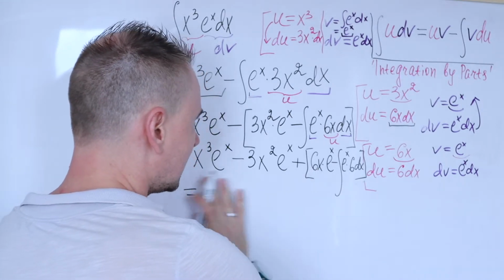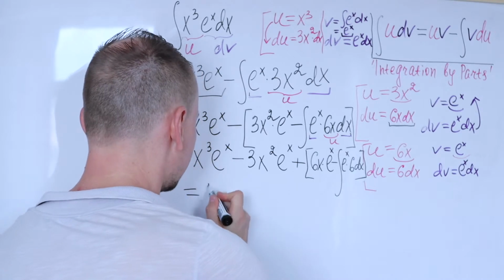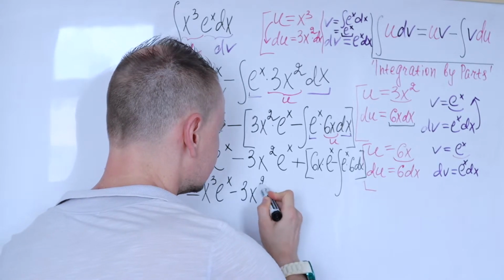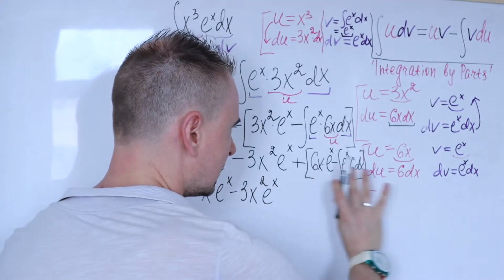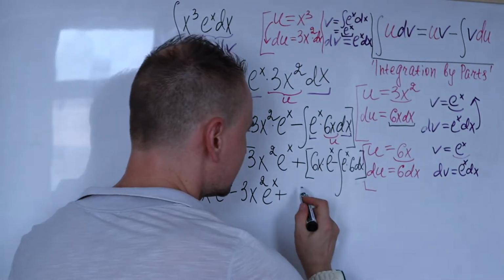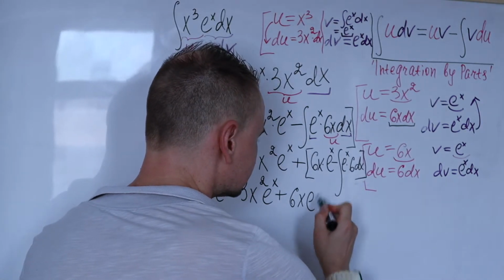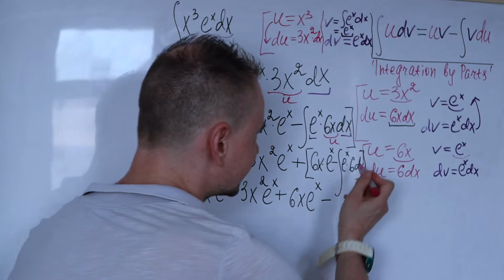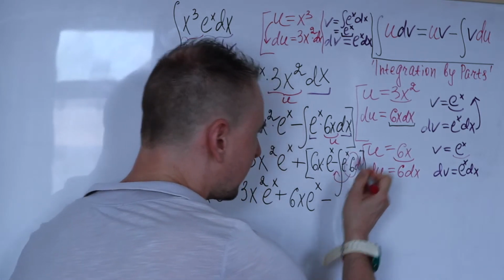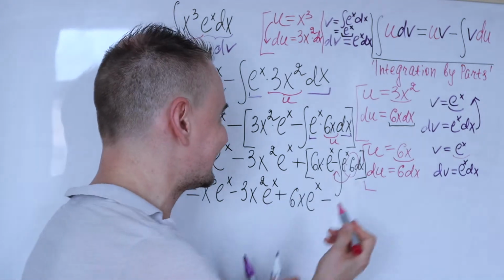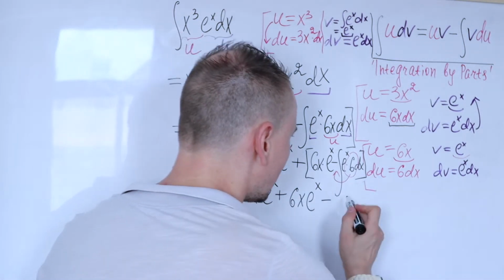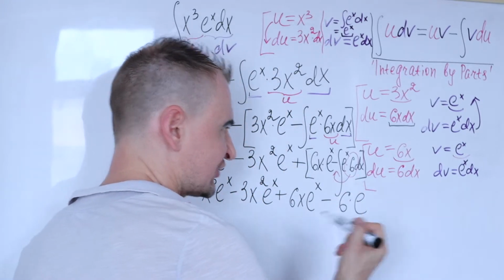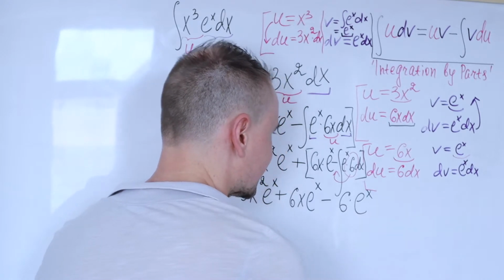So carry down these chunks. It's already part of your solution. Remove the parentheses at this point, distribute it. Minus, as I said, 6 is a constant and has to be pulled out front of your integral. So 6 gets multiplied by the integral of e to the x dx, which is e to the x.